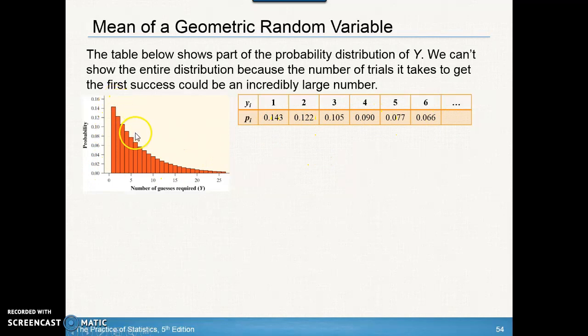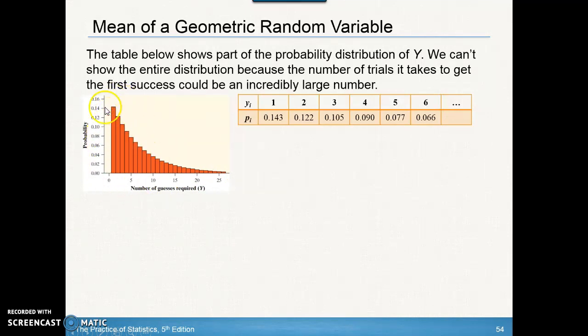So when we take a look at the distribution of a geometric random variable, it's always going to be skewed to the right. The reason is that your probability of success on the first, second, third trial is going to be higher than your probability of success on the 50th trial. On the 50th trial, you have 49 failures and 1 success, and that's a lot of decimals multiplied together, which makes your decimal smaller and smaller.